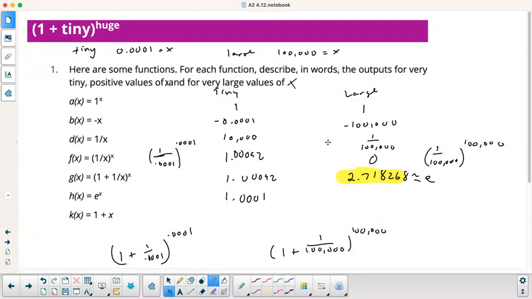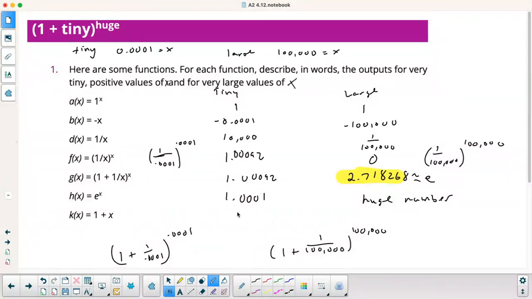E to the 100,000. That's going to be a giant number here because remember, we're going to basically take 2.718 to the 100,000th. So I hit E to the 100,000 and it actually gives me an error. So I'm just going to write huge number. Depending on if you use a calculator online, sometimes those can go out a little bit further.